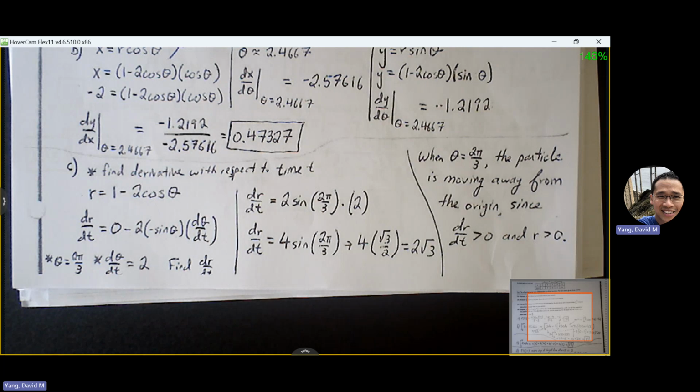So we basically are tracking the movement in terms of the radius. If the radius is positive and the rate is positive, we know that radius is increasing. That means that the particle is moving away from the origin.